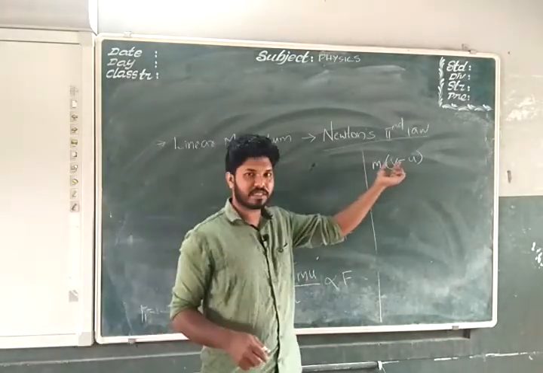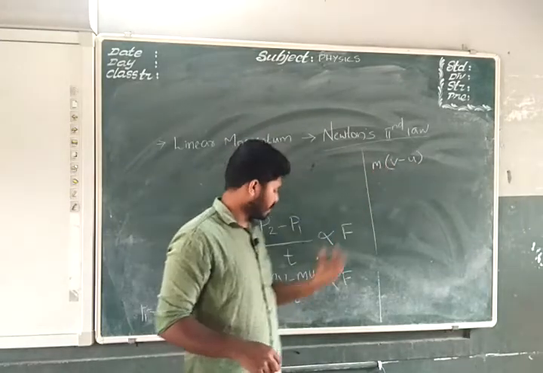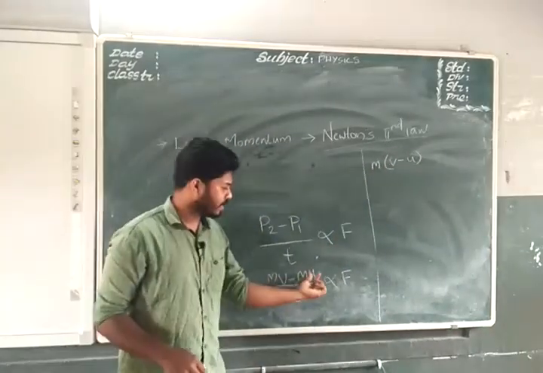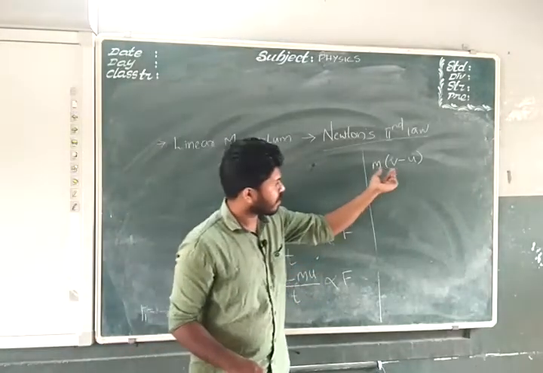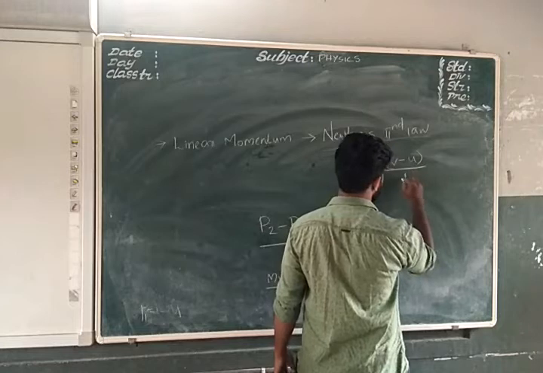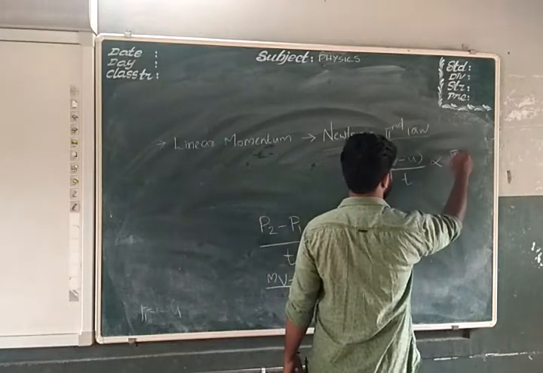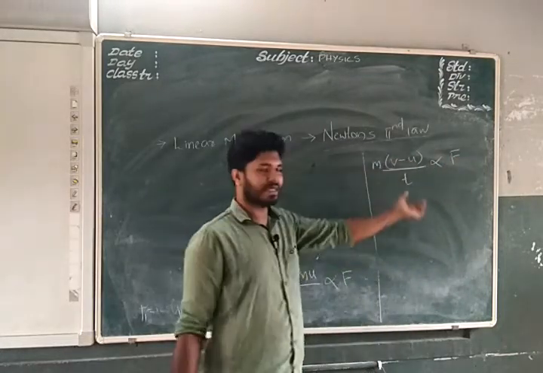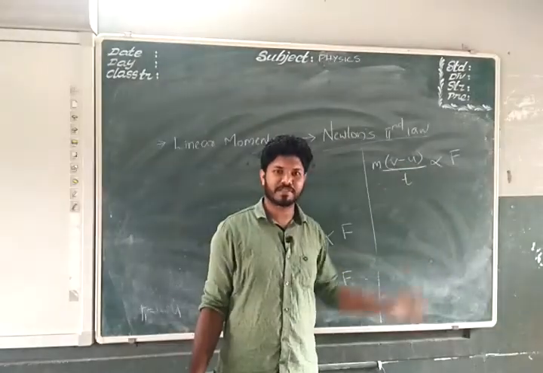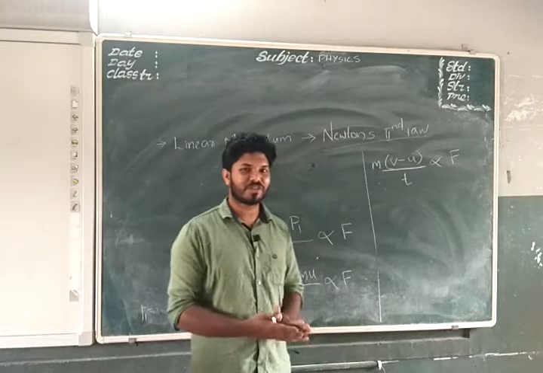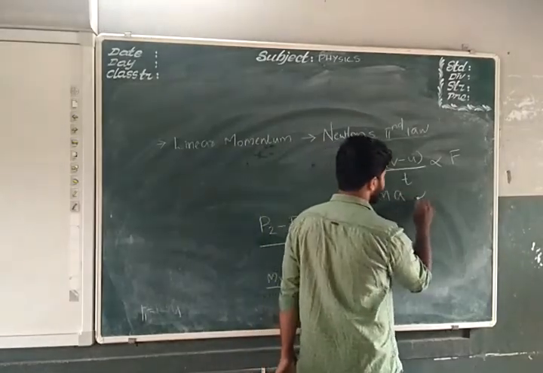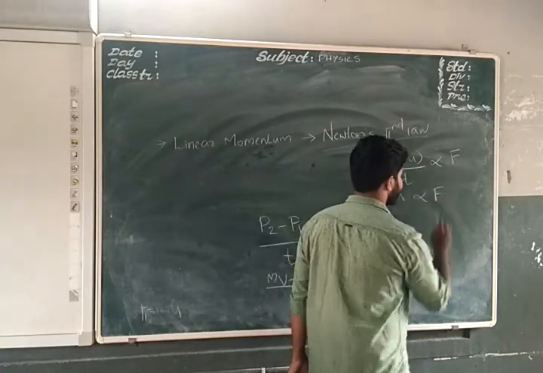So we make a bracket here as m is a common term, and the left ones, v and u, so we take m into (v minus u) divided by t proportional to F. What is v minus u by t? You are very familiar with this equation, v minus u by t. Yes, that's the equation for acceleration, m into a proportional to F.